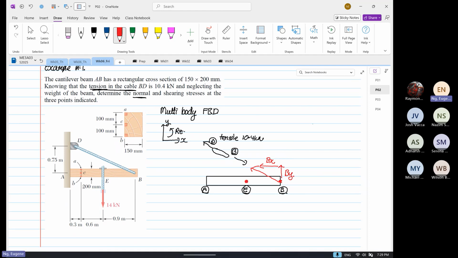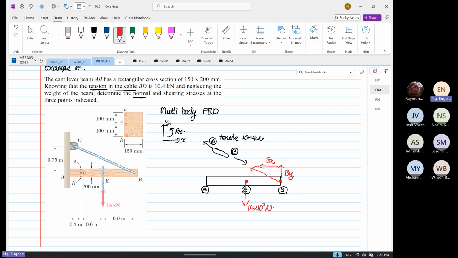Now at point E, they declare that we have a load coming down, right? And this load happened to be 14 times 10 to the power 3 Newton. Okay.